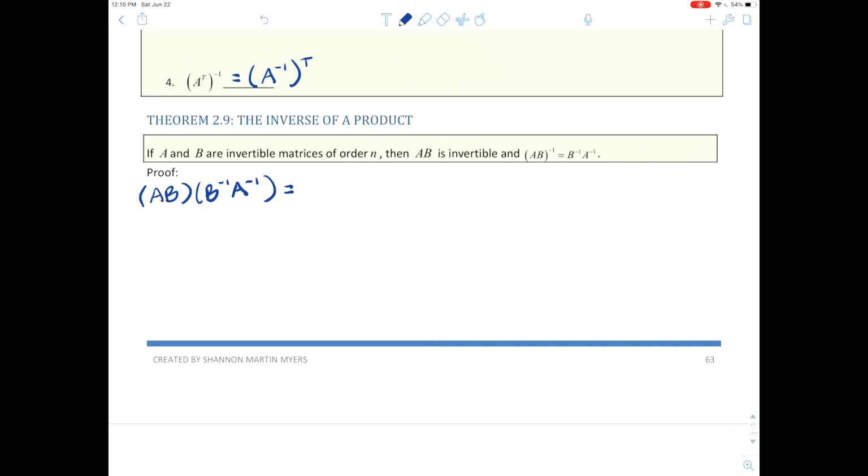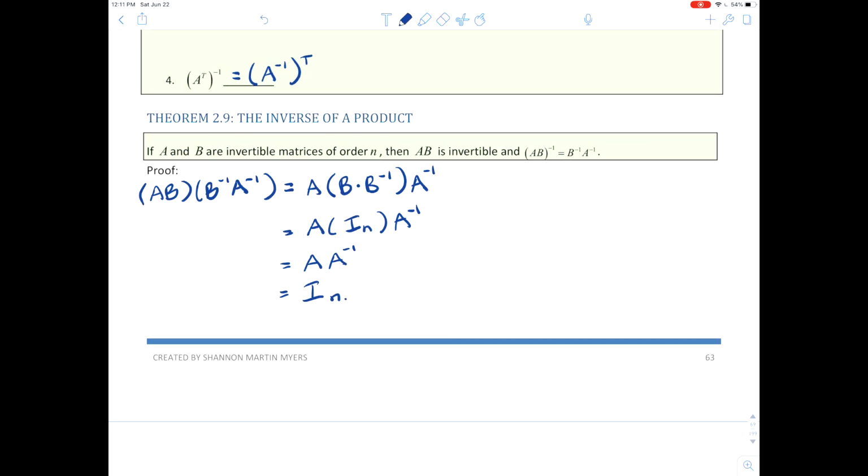So this could be written as A times quantity B times B inverse, and then times A inverse. Cool so far? But what is that? We'll have A times I_n times A inverse, which is A times A inverse, which is I_n. These are kind of cool little proofs, right? So next up, what do you think?